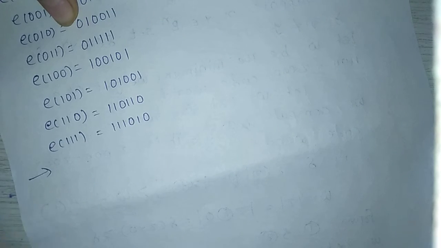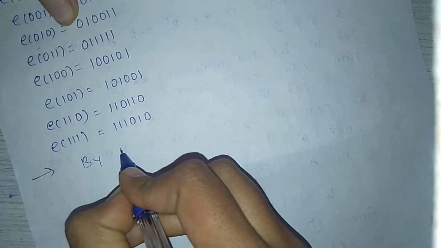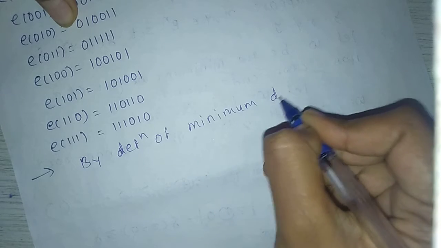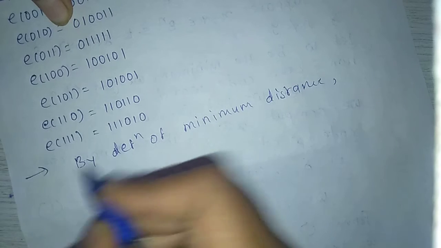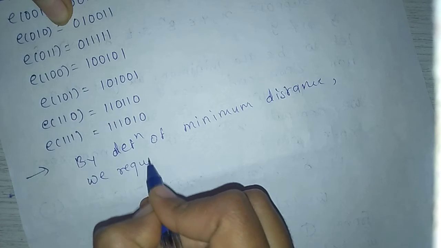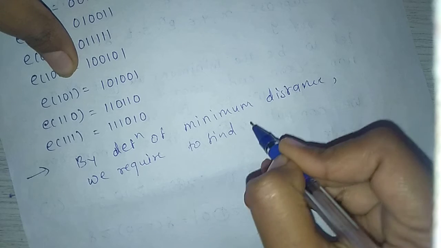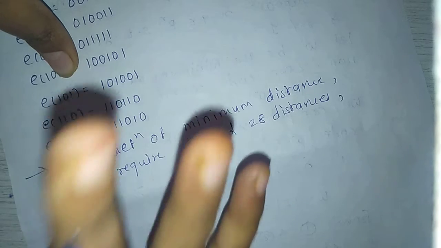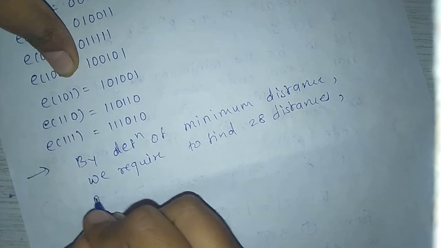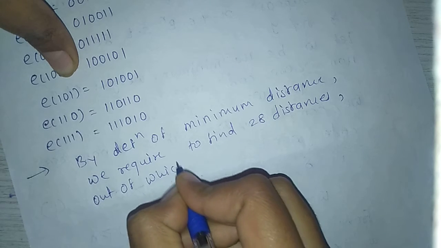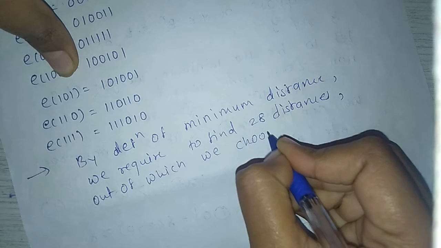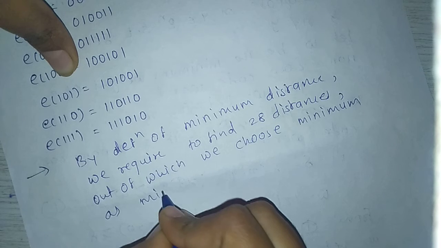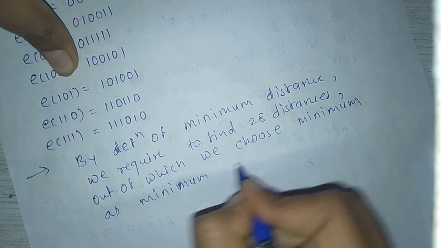By definition of minimum distance, we require to find 28 distances, out of which we choose the minimum as the minimum distance.